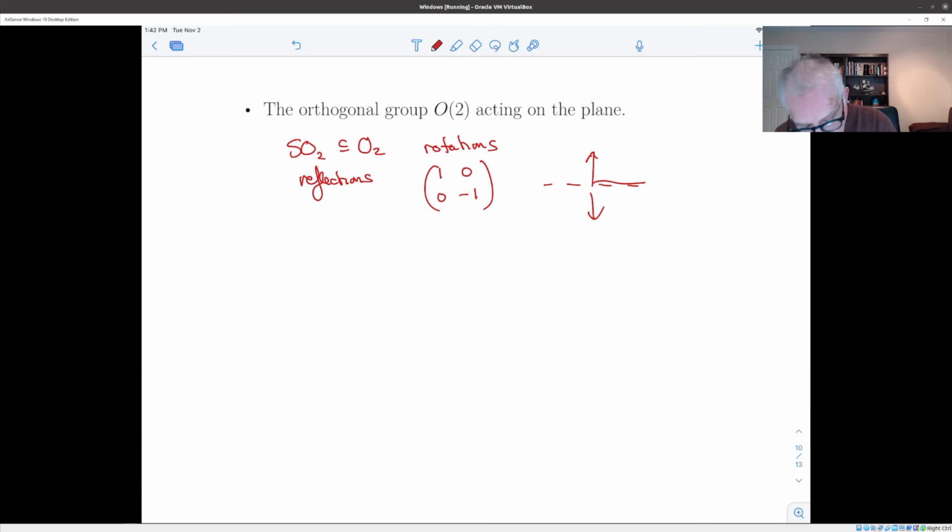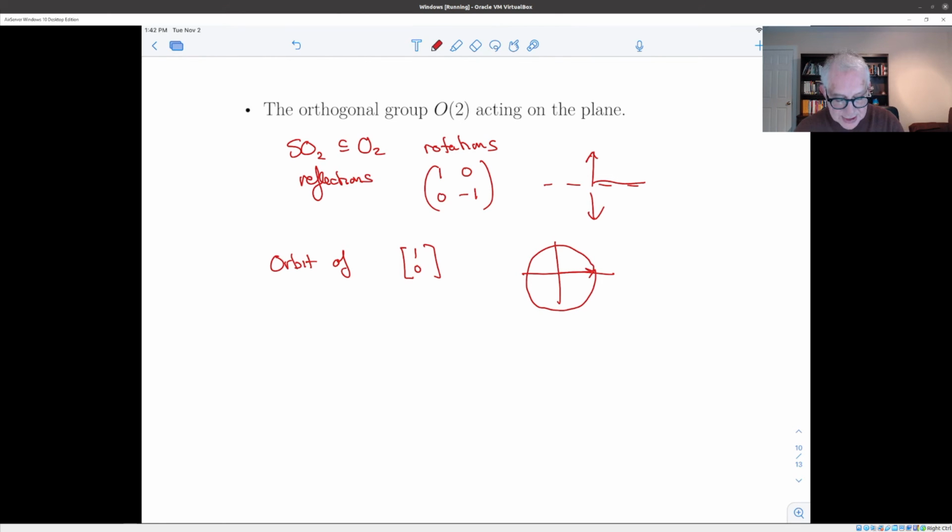So what's the orbit of a point? Let's look at the orbit of the point (1, 0). In other words, the orbit of i. Well, under rotation, we can move this point all the way around in a circle. But because this is an orthogonal group, we can't change its length. So any point at distance 1 is going to be in the orbit of (1, 0).